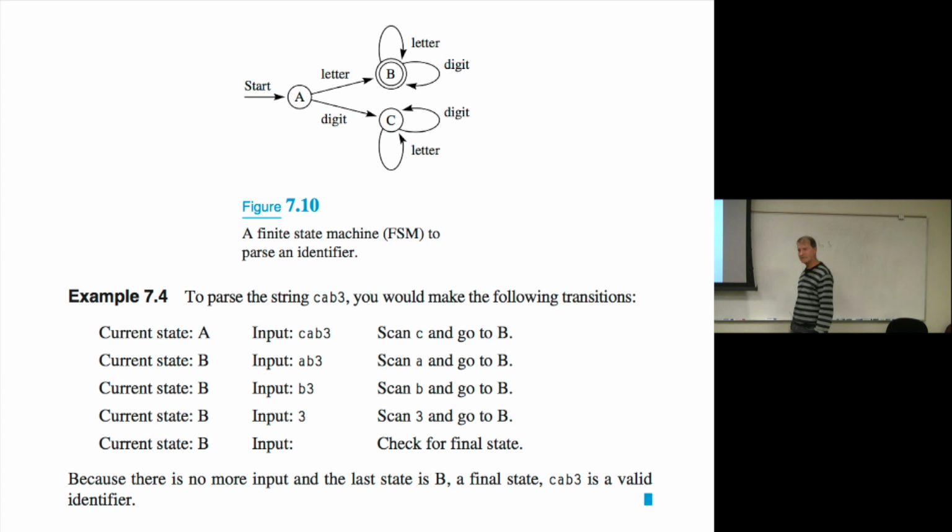So that's exactly what it does. These finite state machines are running in the back every time you compile. Does everybody understand the rule? Because there is no more input and the last state is B, a final state, cab3 is a valid identifier.